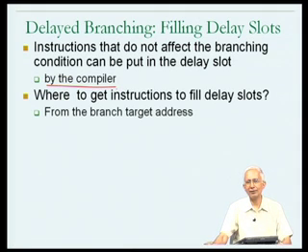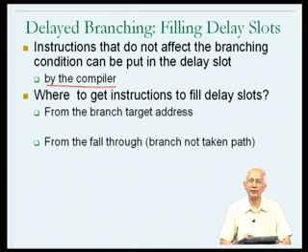Now there are a few possibilities. One possibility is that the compiler could take the first instruction from the branch target address. So we had the branch instruction and it's going to transfer control to some target if the condition is true. Therefore the idea in the first suggestion is that the first instruction from the branch target could be brought and put into the delay slot.